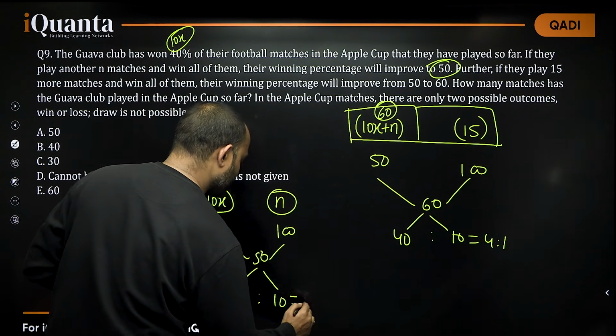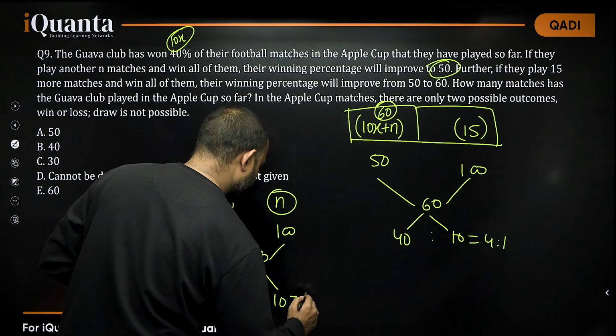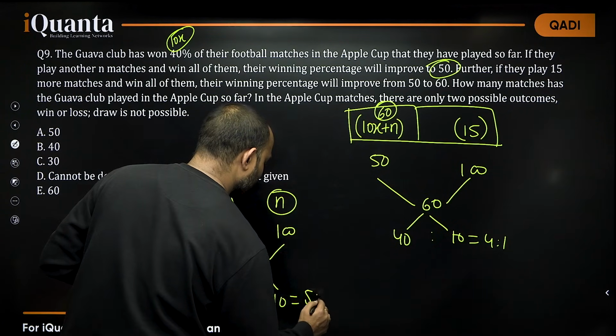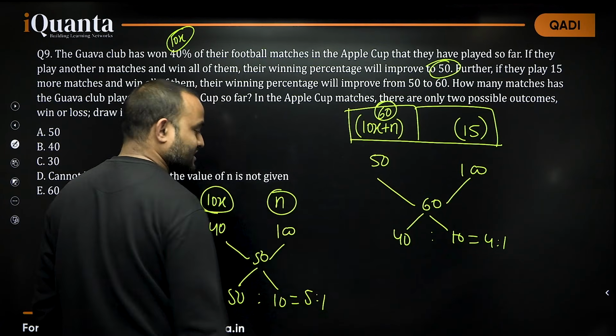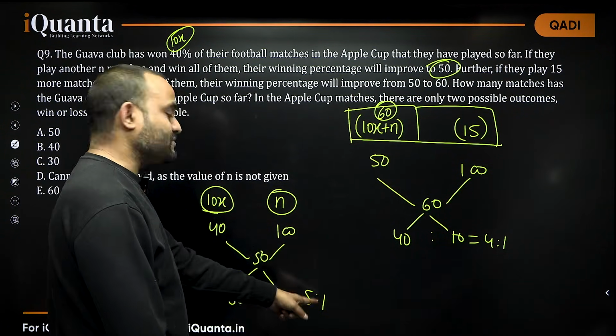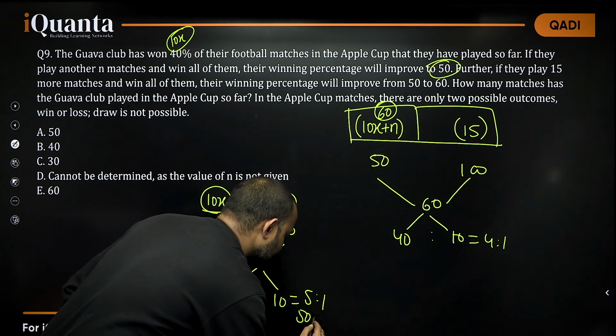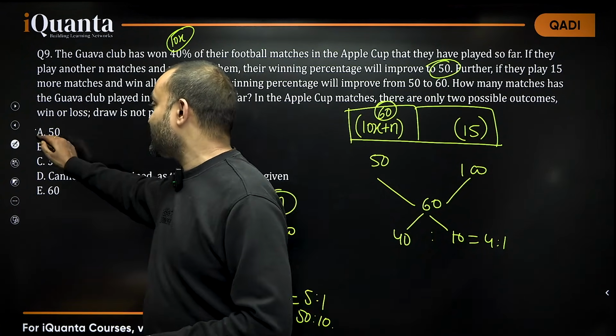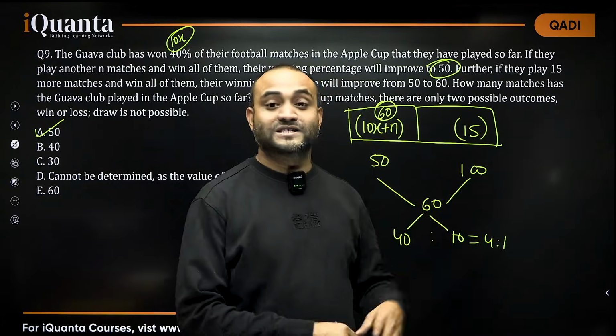So these two should be in 5:1 ratio, right? And the total we know is nothing but 60. 10X plus N is 60, right? So 5:1, this will become 50 and this will become 10. This is also a method that you can use, and that's my favorite method to solve these types of questions.